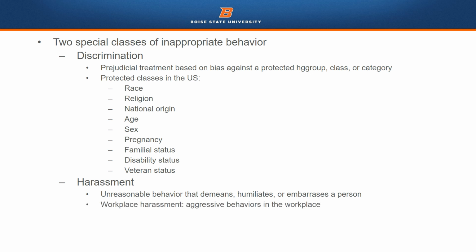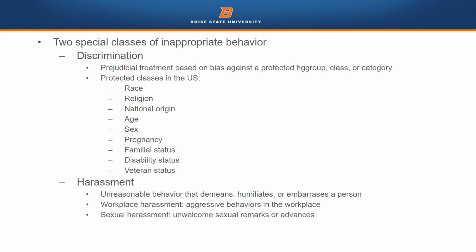So when we talk about workplace harassment, this is specifically these type of behaviors within a workplace, aggressive behaviors in a workplace that demeans, humiliates, embarrasses a person, that makes for a hostile work environment, that creates a situation where employees do not want to go to work because they feel like they're being unreasonably treated. Their employers or their coworkers are making unreasonable demands of them, and are generally feeling socially isolated. This is all considered a special class of workplace harassment.